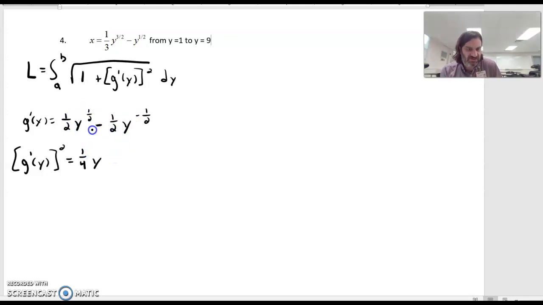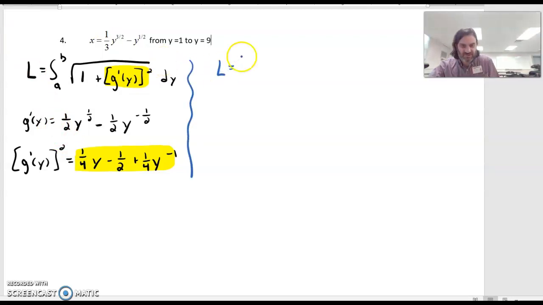And then the two middle terms, the outer and the inner, the y's cancel out of both of those, so you'll have minus 1/4 minus 1/4, so you'll have minus 1/2. And then the last term will be plus 1/4 y to the negative 1. Okay, so that is what we will have for g prime squared.